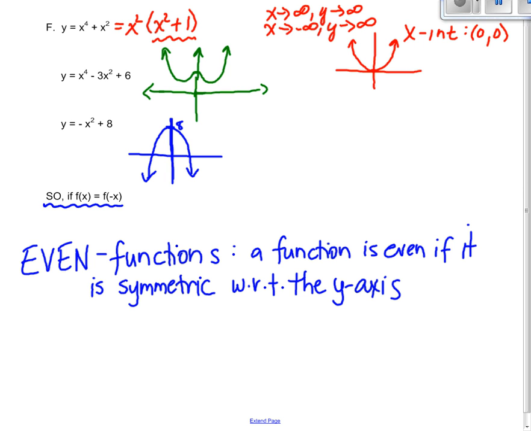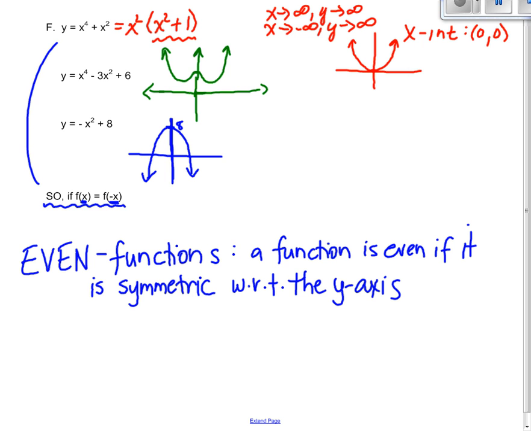We can do a quick check to determine whether a function is an even function by the following. If f of x equals f of negative x, it is even. So if I were to replace x in my function with negative x and still get the same function, the same graph, it is even.